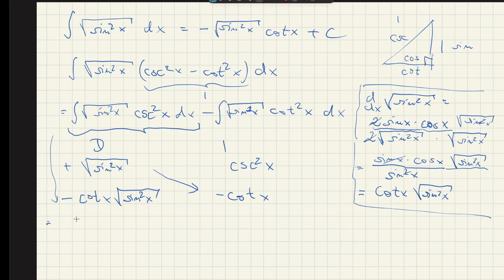This integral, just this integral here, is going to be sine squared, square root of sine squared of x, but here's a negative. So I'm going to carry the negative forward this way, and then I have square root of sine squared of x times cotan x, okay? That's the uv.